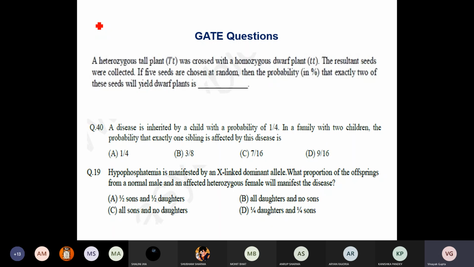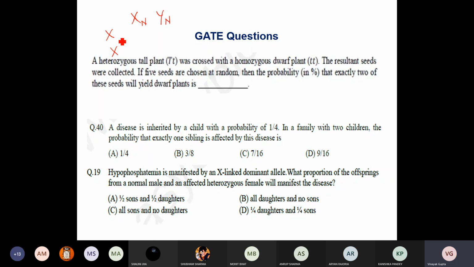What proportion of the offspring from a normal male? If I have to write a normal male, I will write X and Y, both are normal. I will write N, N. Okay, normal male and an affected heterozygous female.